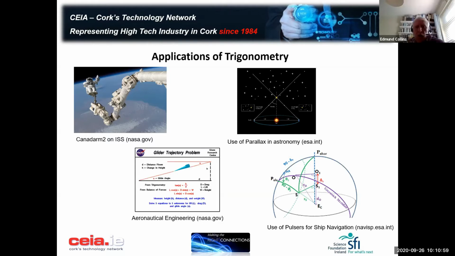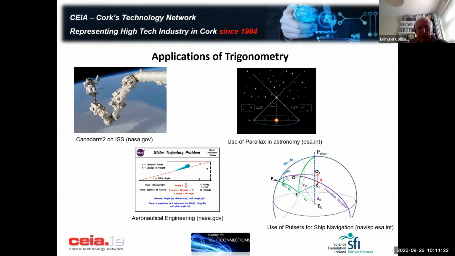Then if we go to the top right-hand photo there, we see trigonometry being used in astronomy, in parallax, to determine distance of certain stars and so on. So again, it comes up quite a bit in astronomy.